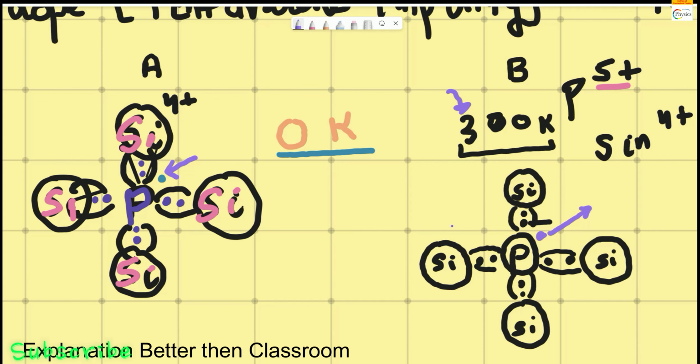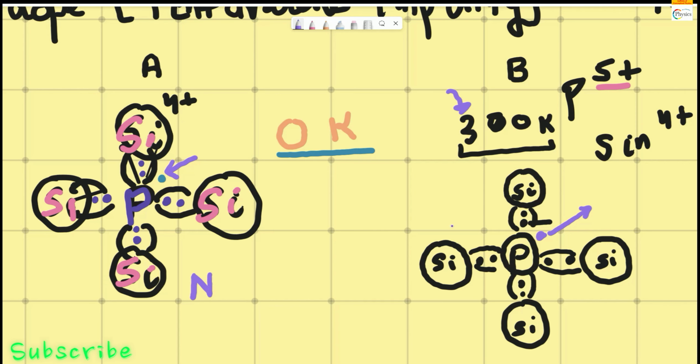It is able to move around because of the thermal excitation you gave it, so there is an excess electron in the end. This was an n-type semiconductor, but at 0 Kelvin it still doesn't work like one.